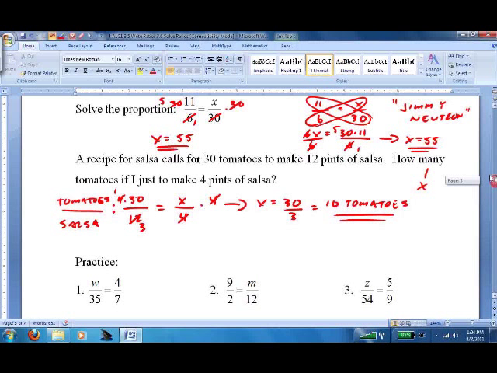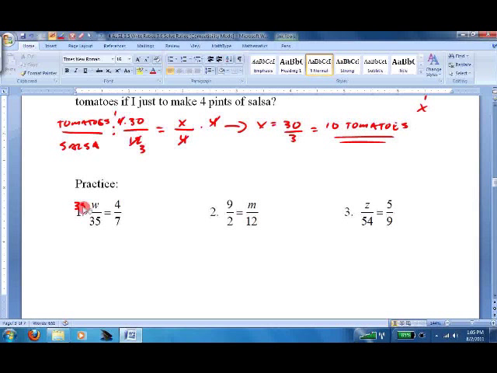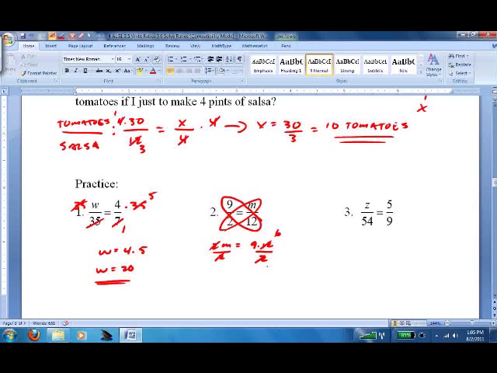Piece of cake. So I'll mix it up down here. Do it a few different ways. This one I'll multiply by 35. Cancel 1 and 5. W equals 4 times 5. W equals 20. Here I'm going to cross multiply just to mix it up, even though I don't think it's the simplest way to do it. 2m equals 9 times 12. Divide by 2, divide by 2. 6 and 1.